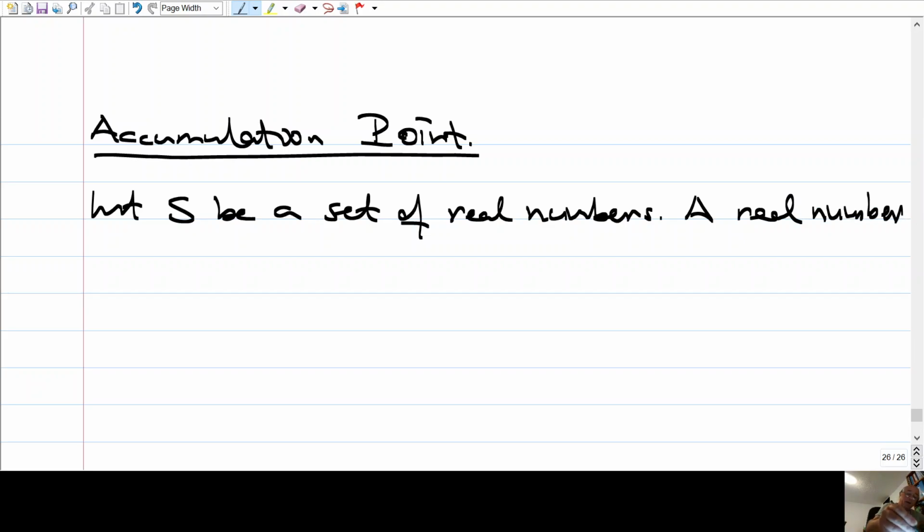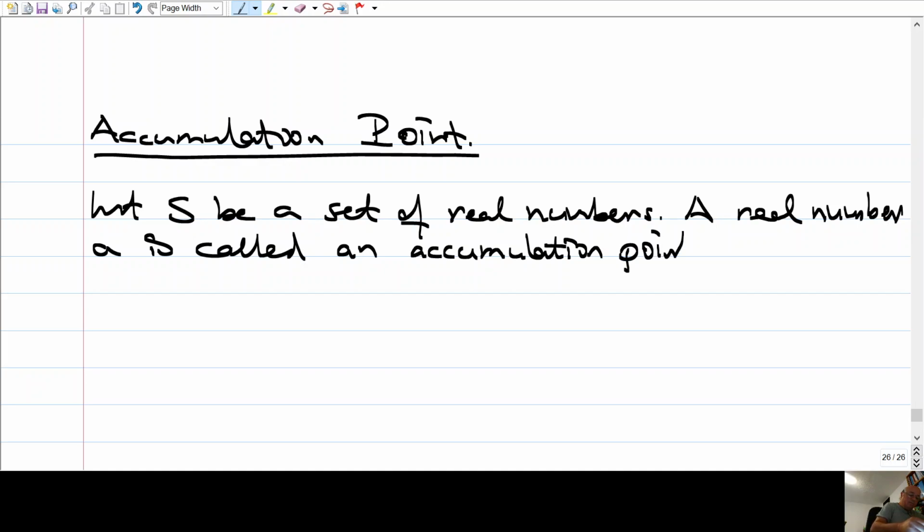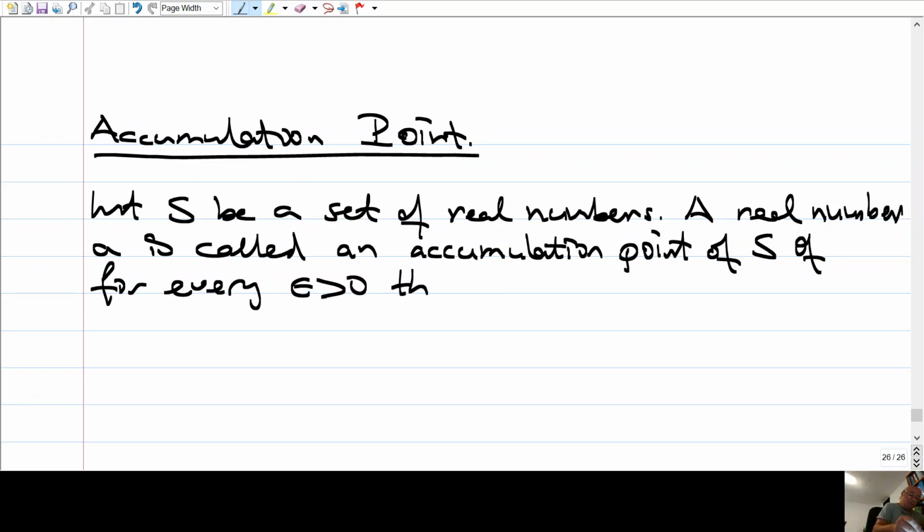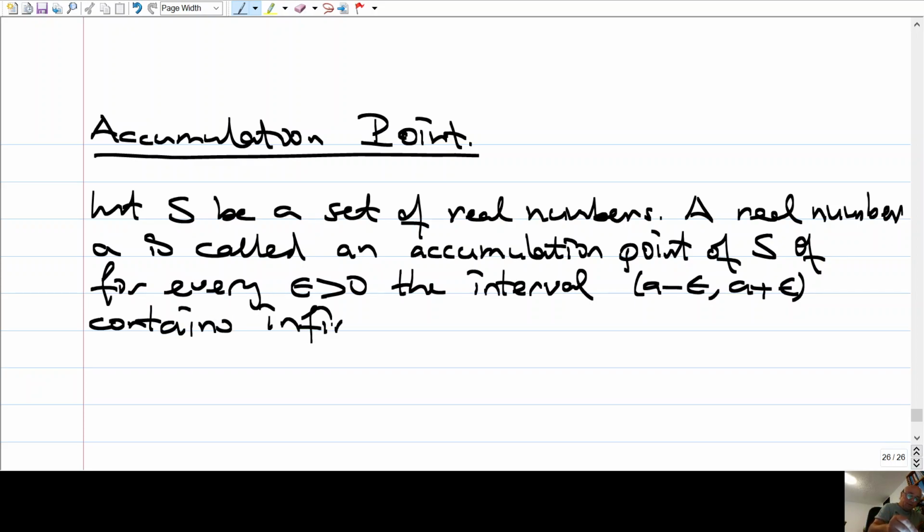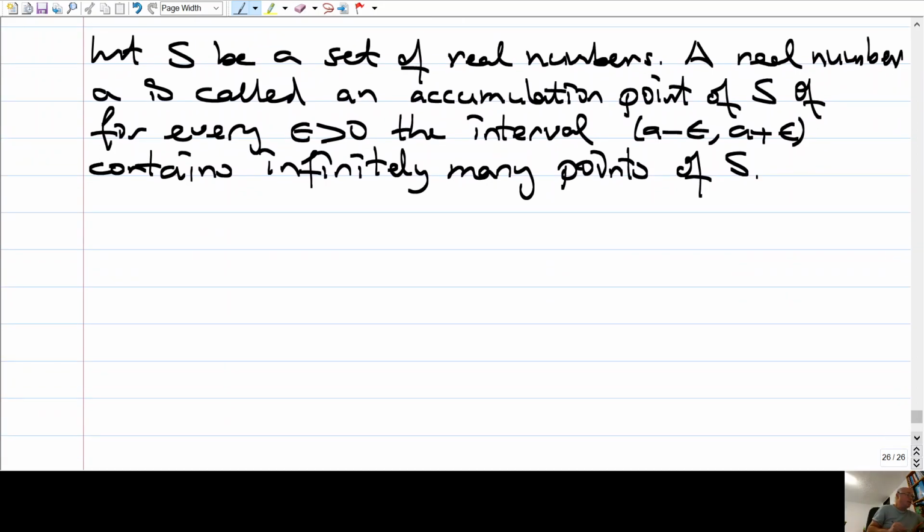A real number a is called an accumulation point of S if the following happens: for every epsilon positive, the interval (a minus epsilon, a plus epsilon) contains infinitely many points of S. Okay, so that's the definition.